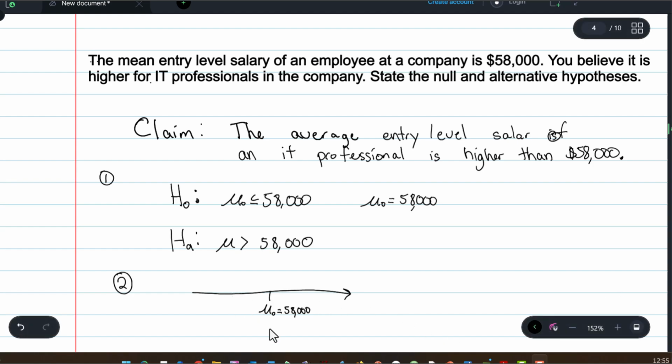So we envision possible samples along a number line with the center being the null hypothesis. We draw a normal distribution curve because that fits the central limit theorem. A sample average that would represent the alternative hypothesis would be much larger than 58,000. That would be the right tail of the distribution curve.